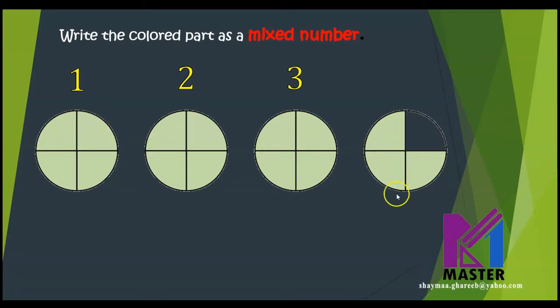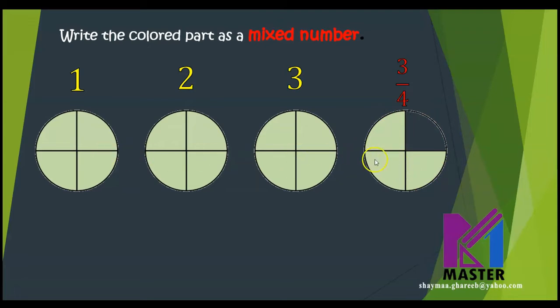And what about the shaded part here? How many parts are shaded? If I want to write this shaded part as a fraction, it is the number of shaded parts over the total number of parts in one whole. So the number of shaded parts is 3, and the total number of parts is 4. So it will be 3 over 4.